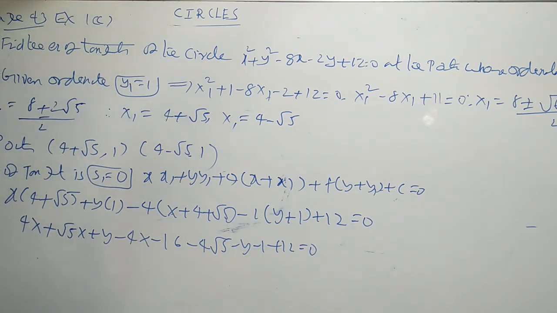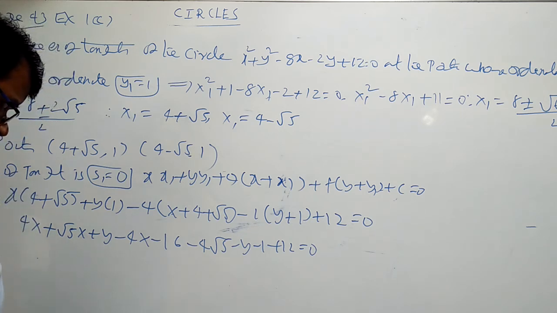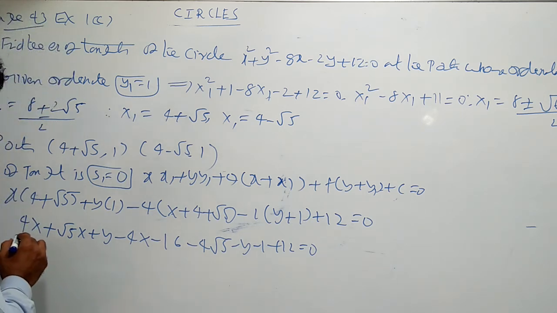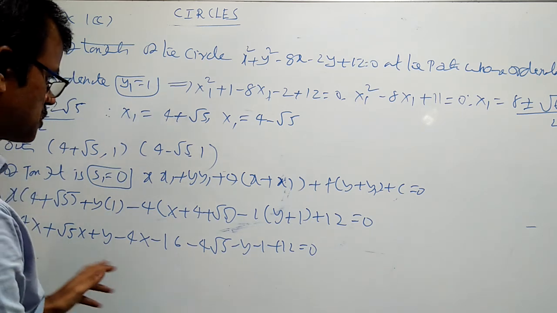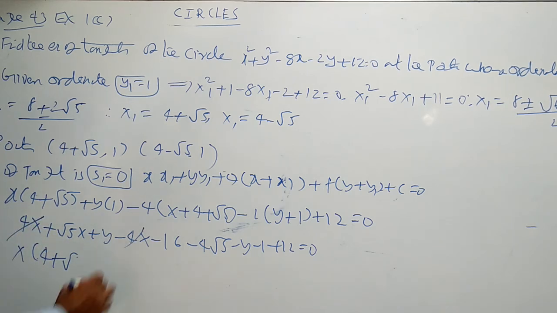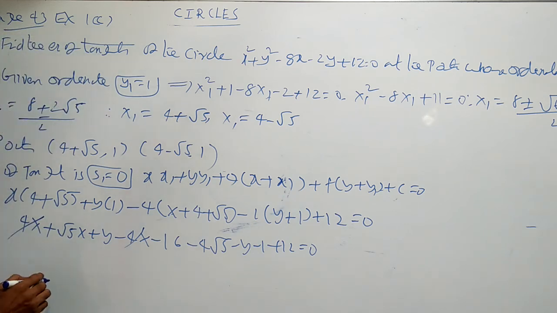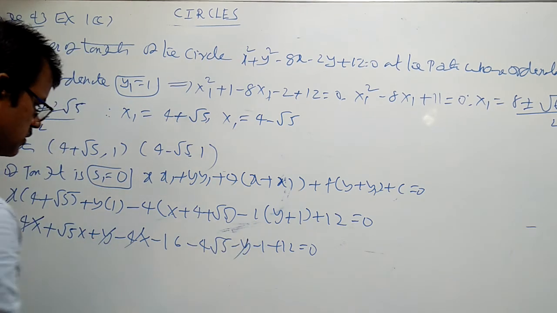The 4x gets cancelled, and y and y also get cancelled.